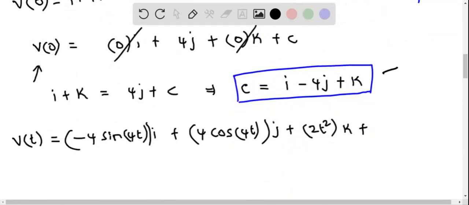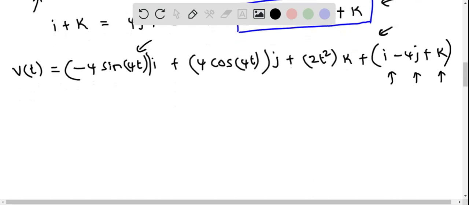We can replace this c here, that is i minus 4j plus k. Now since we have another i component, j component as well as k component, we combine the i components, j components and k components, and write it in the simplified form.